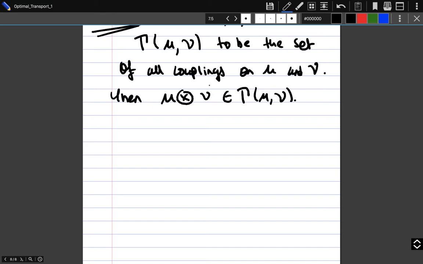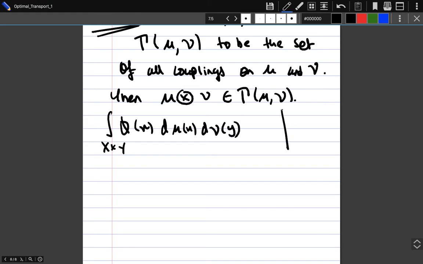What you have to do is just observe that if you're integrating with respect to phi of x, then it's the same as integrating with respect to this, because here I've taken gamma as the product measure, and the product measure decomposes, right?